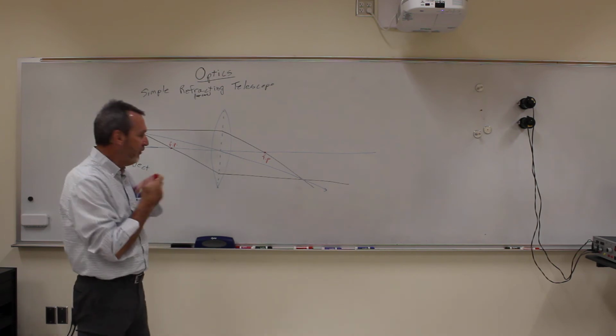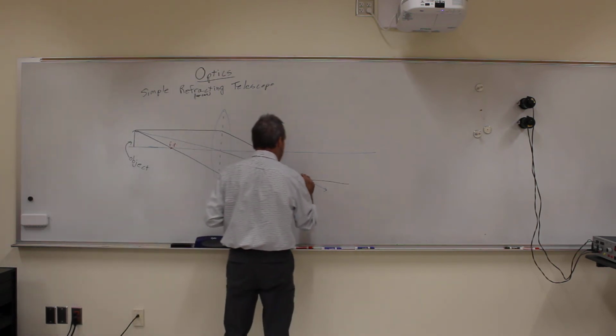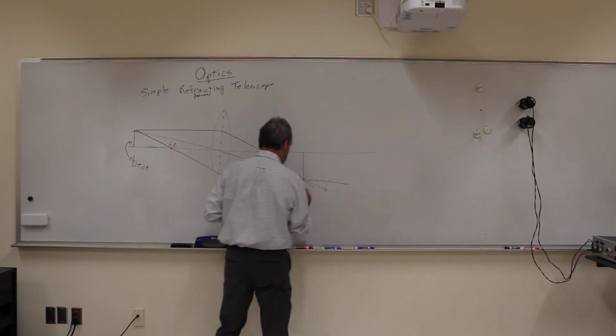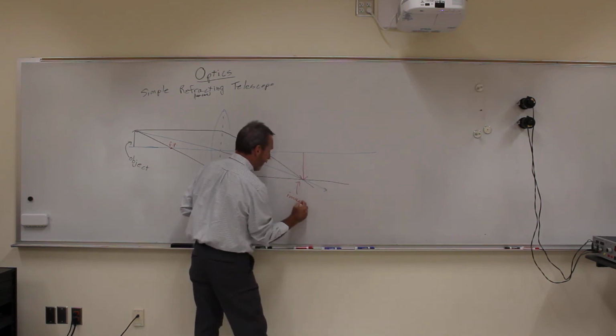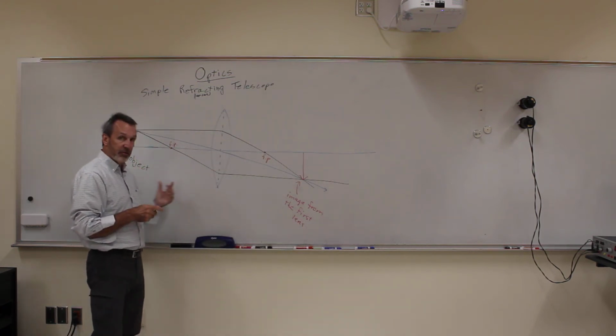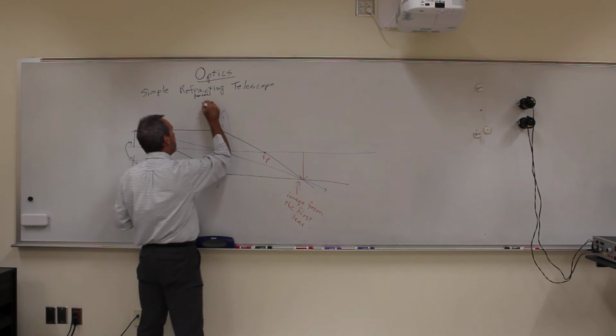Okay, so this is just case 1 all over again. I created an image right here. So this is the image from the first lens. And we have to name these lenses. Since this lens is closest to the object, we call this the objective lens.